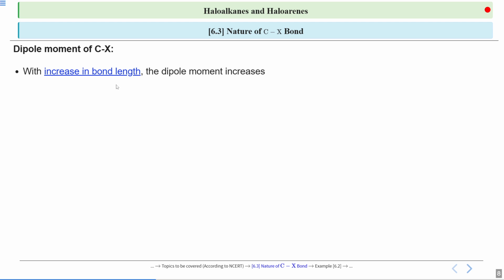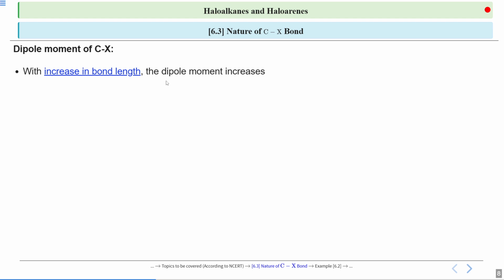So with the increase in the bond length, the dipole moment will also increase. If the halogen carbon bond length is increasing, the dipole moment of that bond will also increase. Okay, because with the increase in the bond length, there will be a greater distance between the charges, right? Greater distance between the charges, like partial positive on carbon and partial negative on halogen, right?